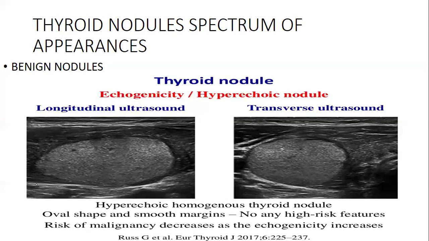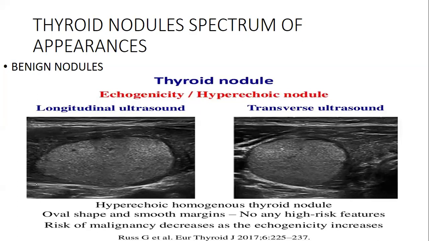Now, the thyroid nodules, spectrum of appearances continues. In the benign category of nodules, you can have, for example, this solid nodule, uniformly homogeneous.